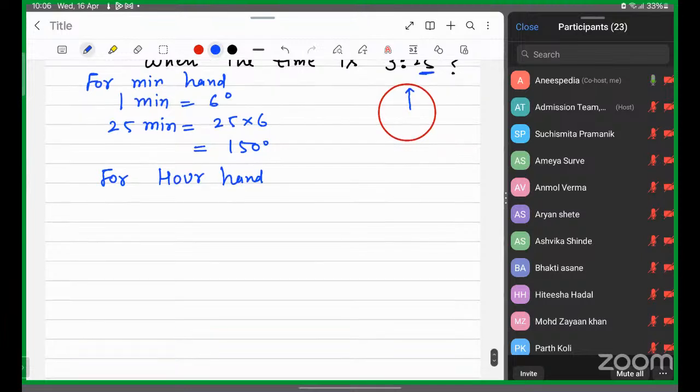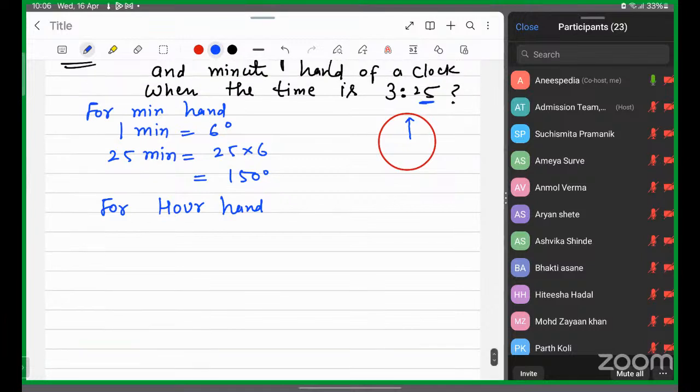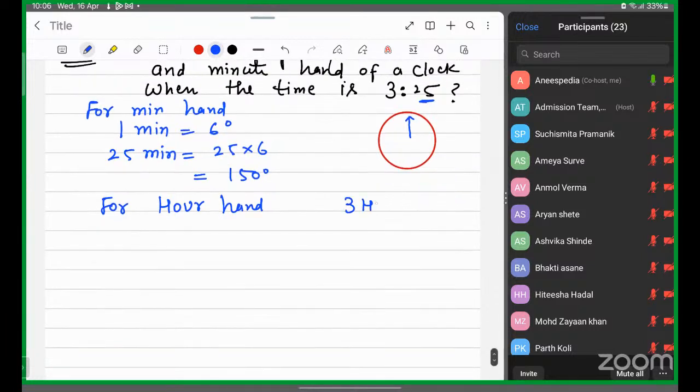For the hour hand, we have total how much time? 3 hours and 25 minutes. That is 25 by 60, and this will be 12.